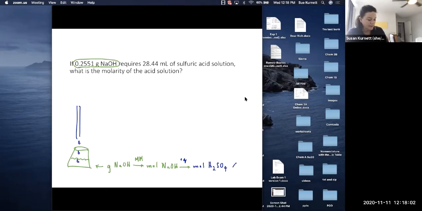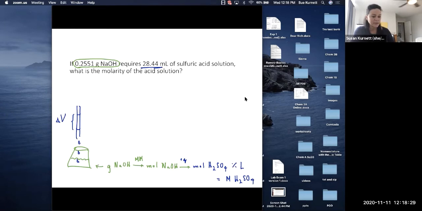And then if I divide the moles of acid by the liters, which is going to be the initial volume minus the final volume, I can have moles per liter, which is molarity. I can know the molarity of the acid. And so that's what we're doing in this problem here. It says that 28.44 milliliters of solution was required to get to that place where moles of acid equals moles of base, which is what a titration is.